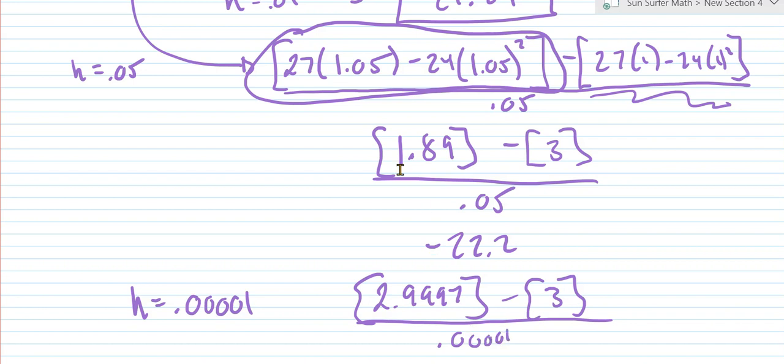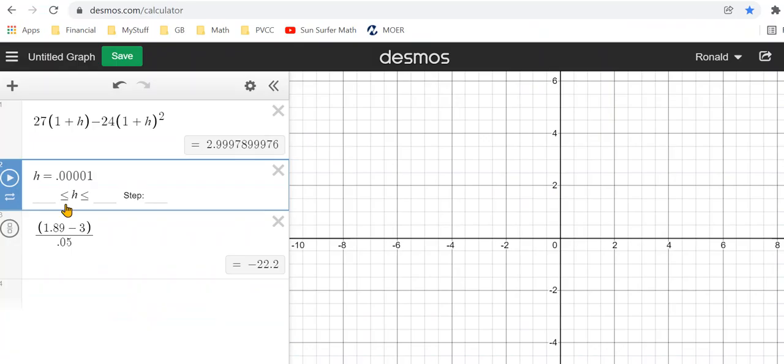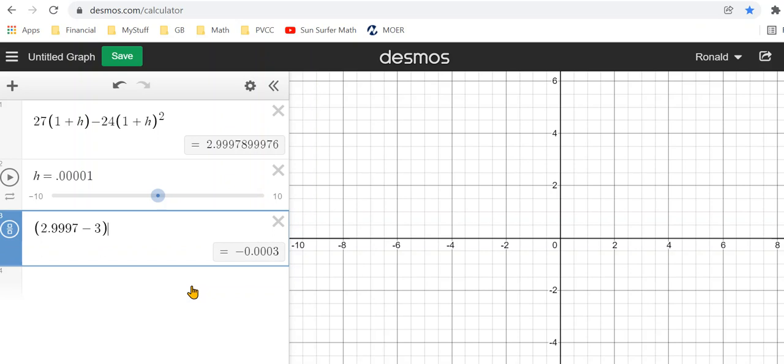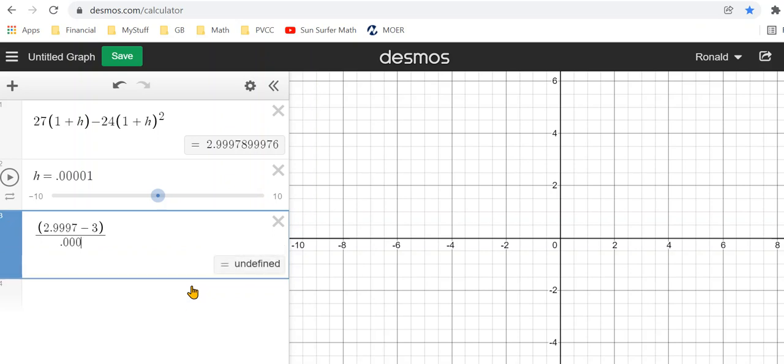So I can easily go back to Desmos. Put in the 2.9997 minus 3, and then divide that by 0.00001. And the answer is negative 30.